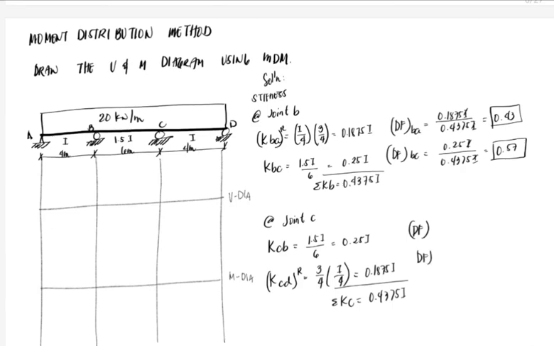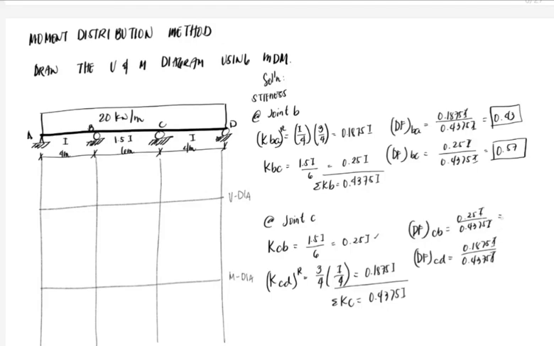So, we have here DF would be CB and then CD. So, ito naman, all you have to do is ilagay lang to 0.25I over 0.4375I and also 0.1875I over 0.4375I.